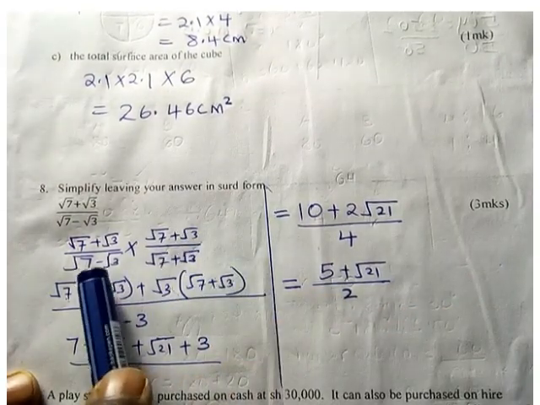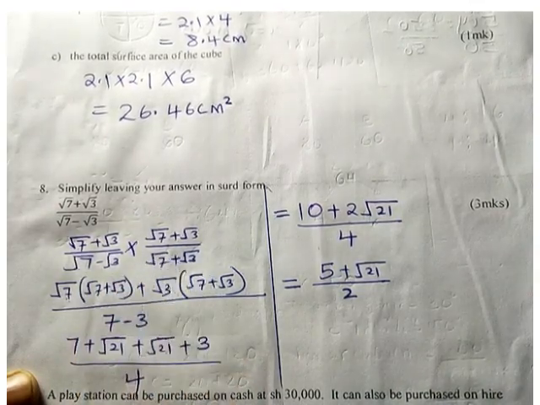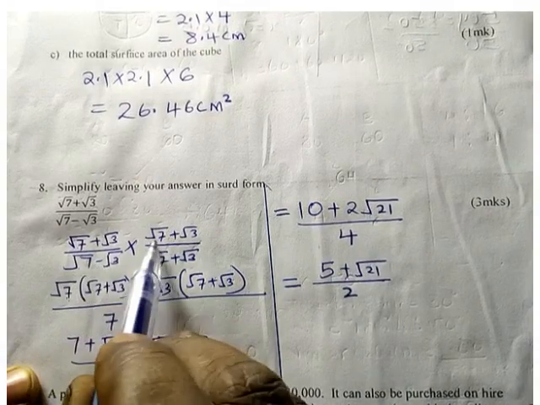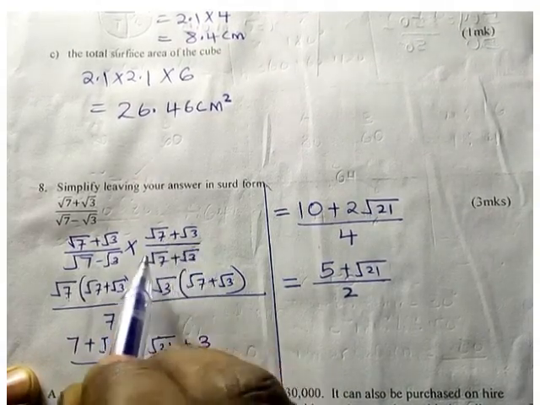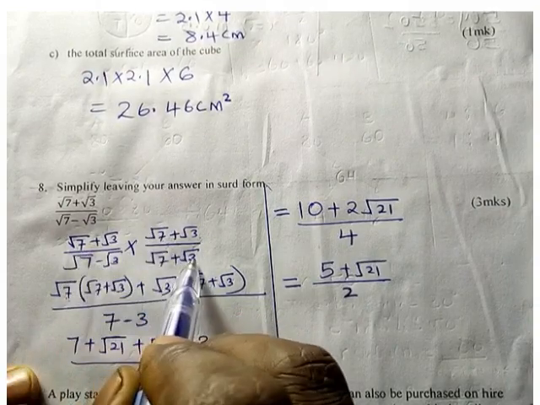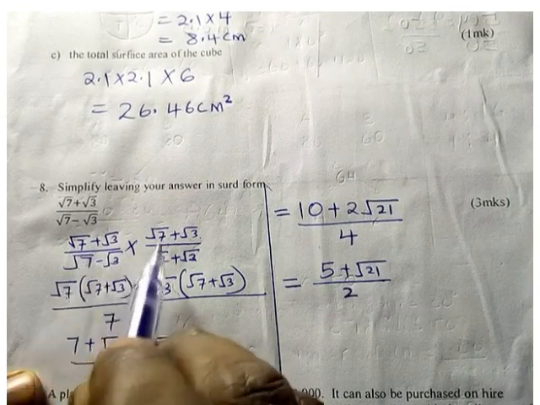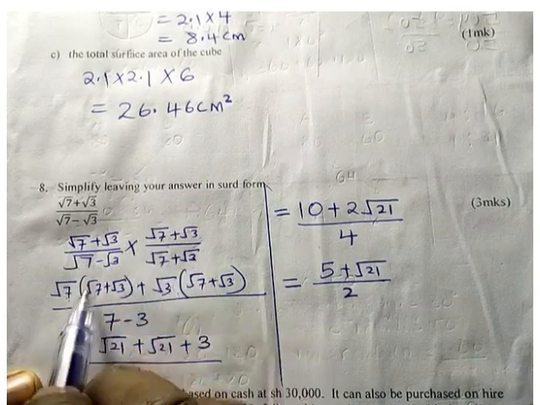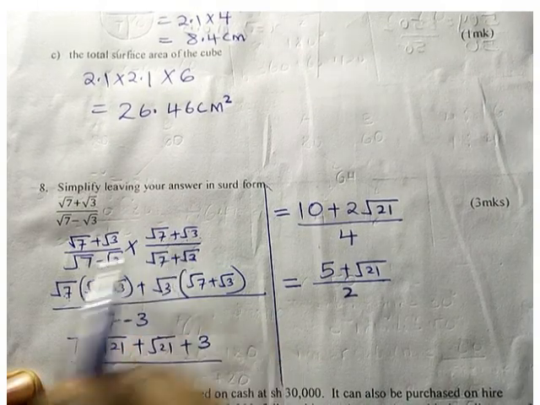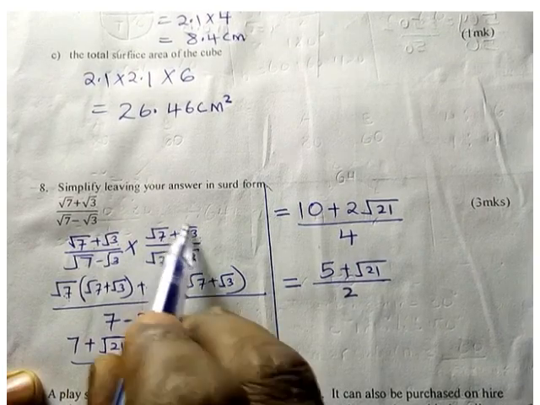So you multiply the numerator and the denominator with the conjugate, root 7 plus root 3. On the numerator you multiply, and on the denominator you multiply, and then you open. Root 7 times everything here, and then plus root 3 times everything here.